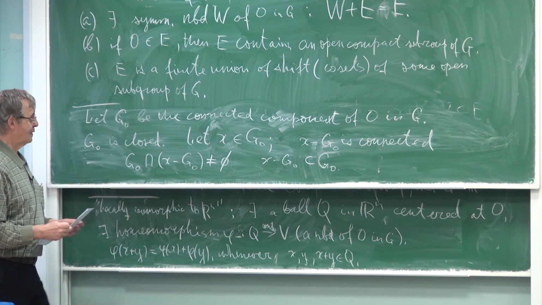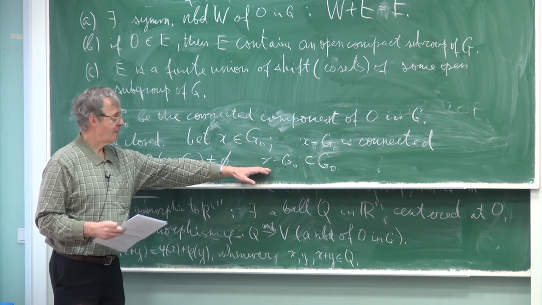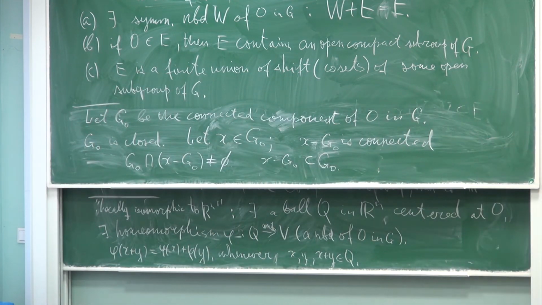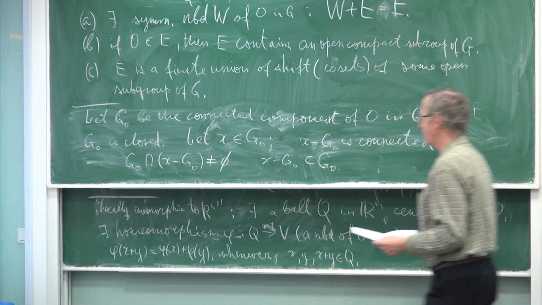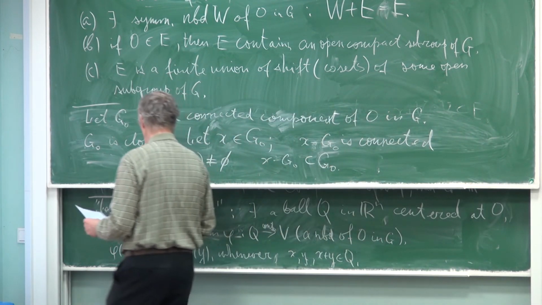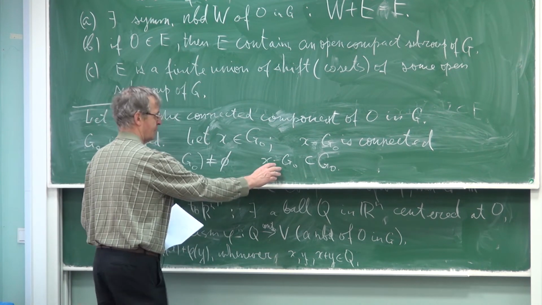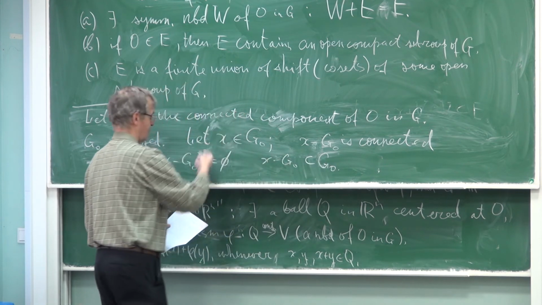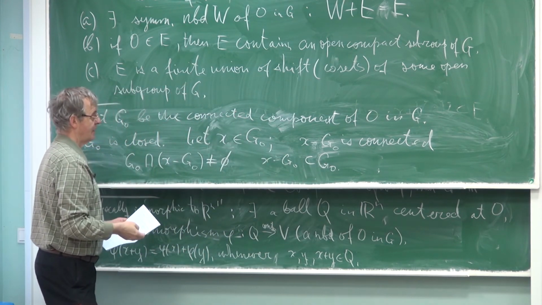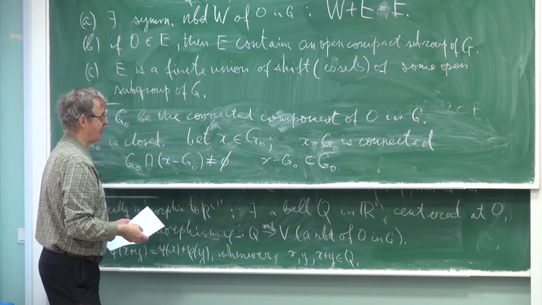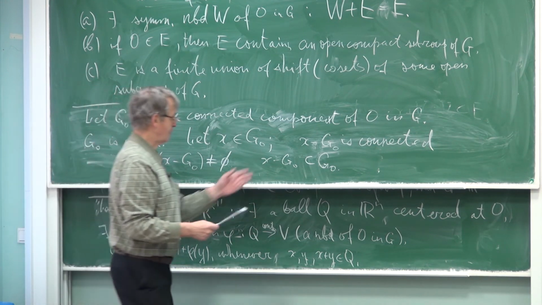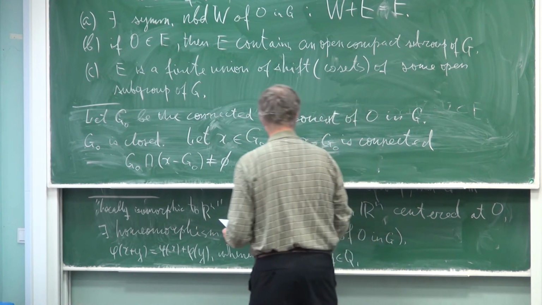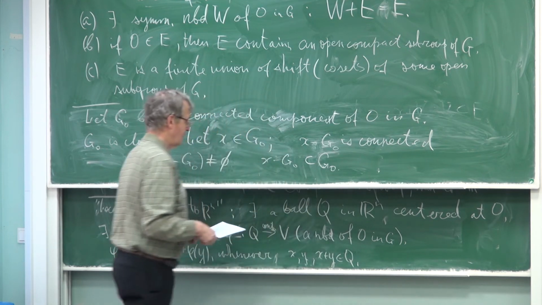If it is not included, then G0 would not be the connected component of 0. It wouldn't be the maximal connected set containing 0, because it can be enlarged by adding this element. So we must have this.